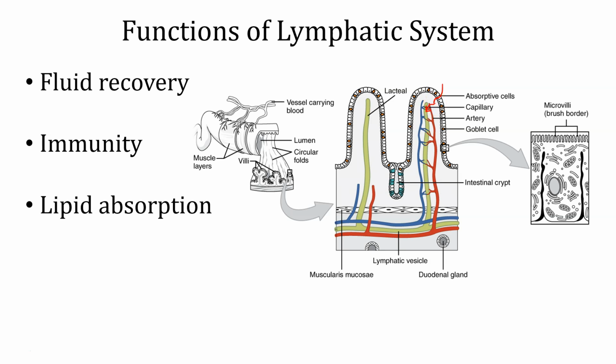Lipids end up merging with some proteins and forming pretty large molecules, so large that they're not able to seep into the small cracks and crevices and holes of the capillary beds in the villi. And so they have to go through a lymphatic vessel, which is called a lacteal. They'll eventually meet up back in the blood, but not before they've first traversed through some pathways of the lymphatic vessels. So that's an interesting role there also for the lymphatic system.